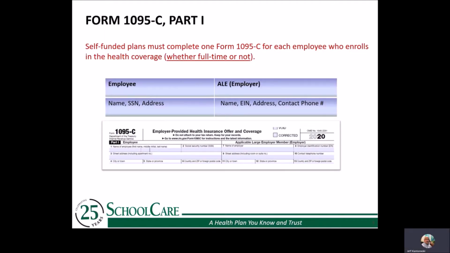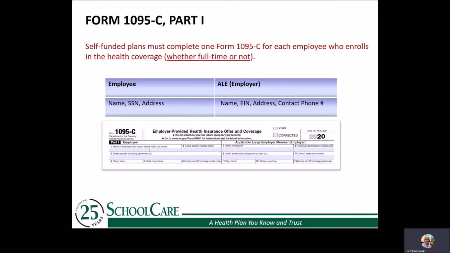Self-funded ALEs may use Form 1094 and 1095-B instead for non-employees covered under the plan, such as early retirees, COBRA participants, or widowed spouses. However, for consistency, you may want to use 1095-C for all.